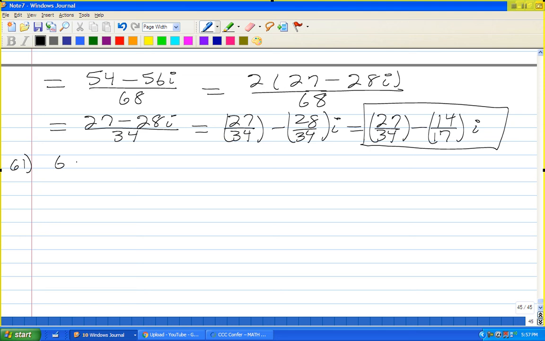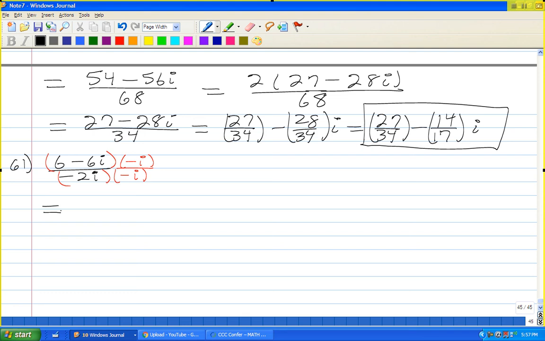6 minus 6i over negative 2i. In this case, let me just multiply by negative i. I'm not actually doing the conjugate or anything, but this will still give you a nice, easy answer.